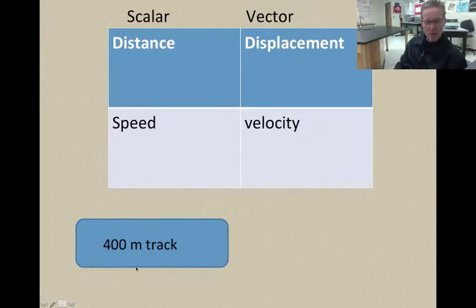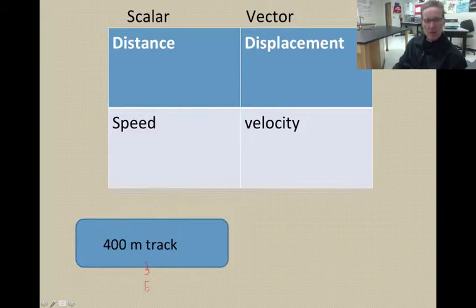But anyway, it's a 400-meter track, so the distance if I ran all the way around it would be 400 meters. Let's say someone took exactly one lap around the track, so they start at this spot, and then they also end here. So here's our start point and our end point right at this spot.